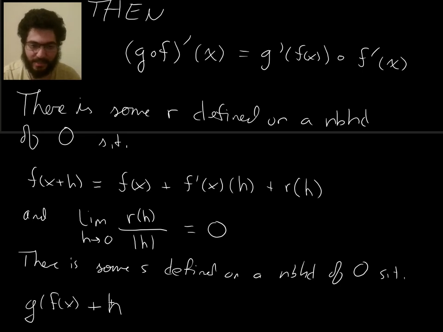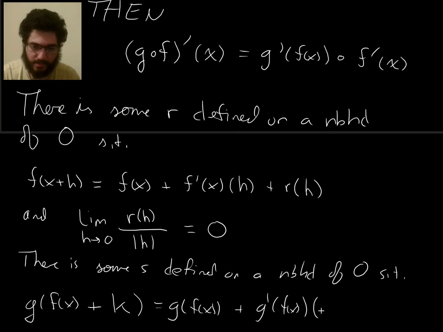It's not really a mistake, it's okay to write h, but it's just not the same as the h here. So that really got things muddled, I think, and led to some of the confusion. So I'm going to use a different letter, k. So g of f of x plus k is going to be g of f of x plus g prime f x applied to k plus s of k.